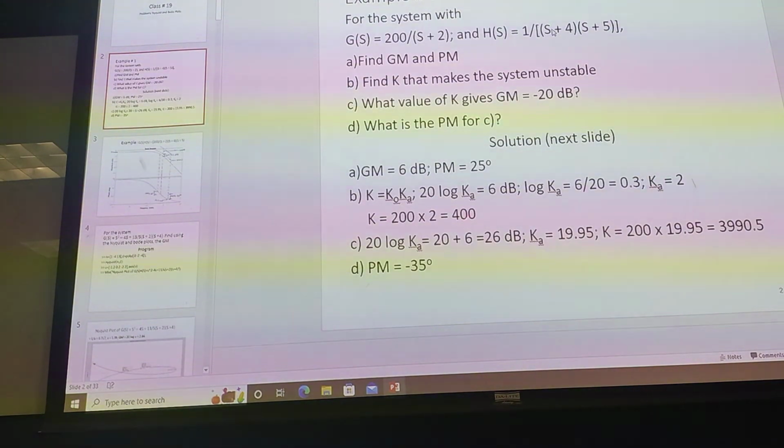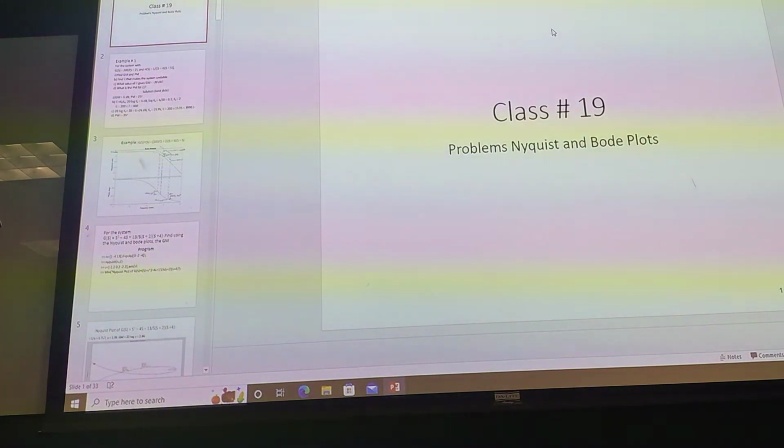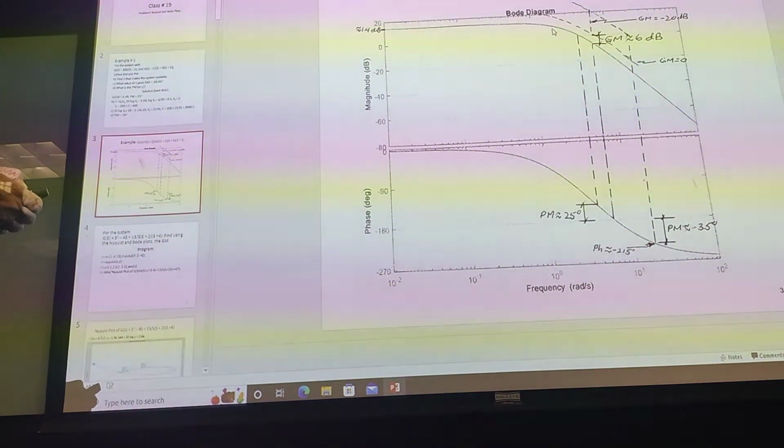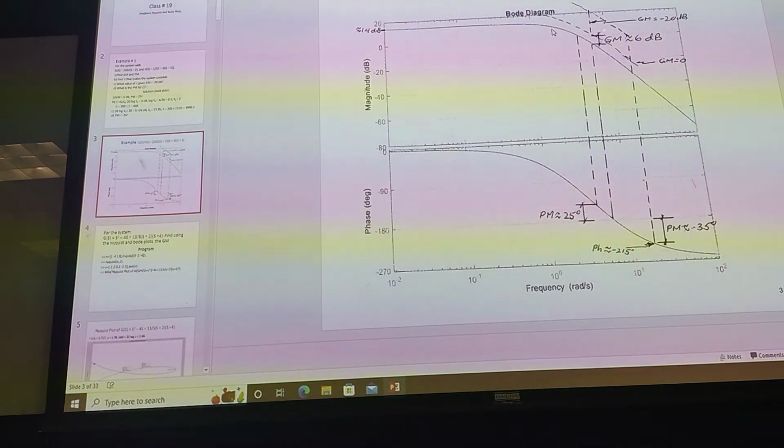So for K equals 400, the system will be at the limit of stability here.